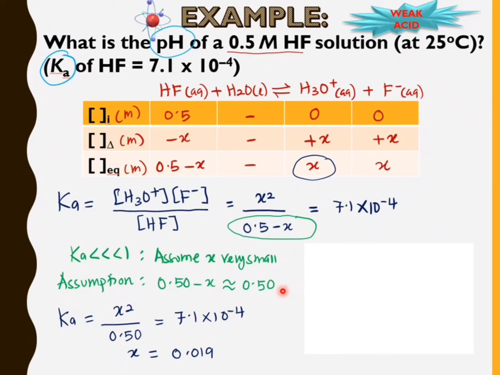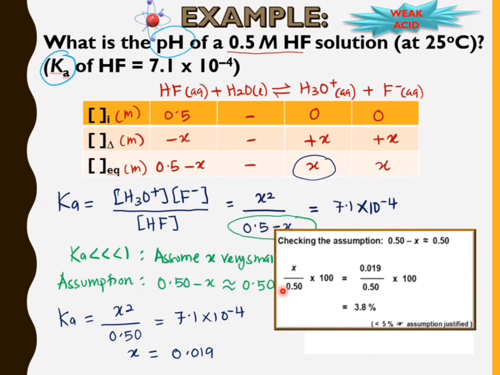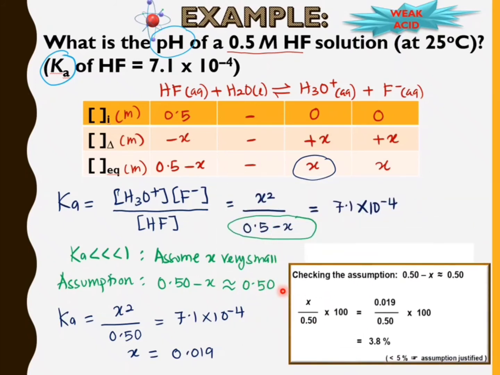Menggunakan 5% rule. How? Okay, you just use the formula of degree of dissociation ataupun percentage ionization, which is change of concentration of reactant divided by initial concentration of reactant times 100, like this. Okay, so this is how you checking the assumption.